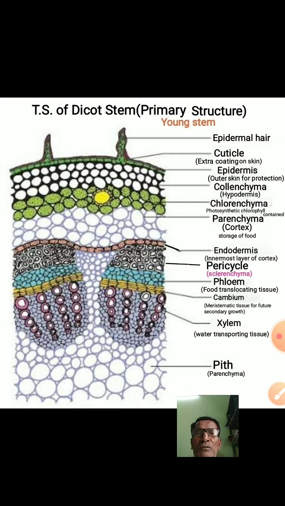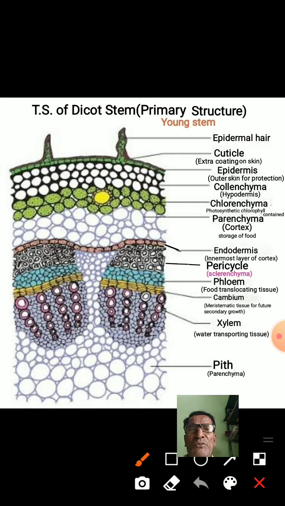So this is how we have discussed from the periphery, from the outermost region epidermis, up to the pith. So epidermis followed by hypodermis. Below the hypodermis, there is a region of cortex. Some part of this cortex is photosynthetic.